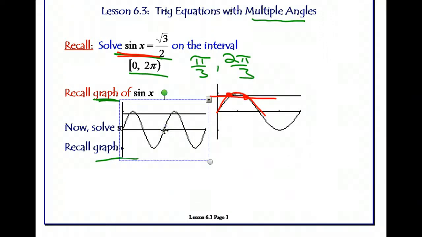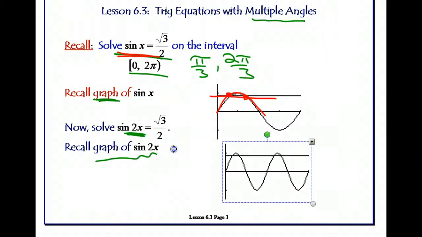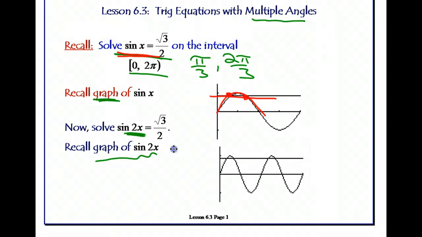The question becomes, where does it hit now? Where are those points? Hopefully you'll look and say, well, it's not going to be 60 and 120 anymore. This graph is occurring twice as frequently, so you might have an inkling.